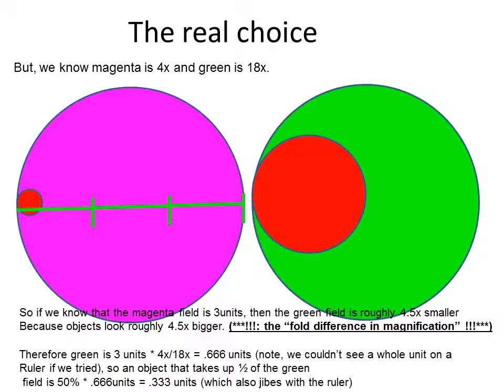So the real choice is this. If you look at the magenta field, the low power field, you can actually see it's some percentage of a unit measurement. But we know that the whole thing is 3. However, I'm still having a hard time estimating what percentage of the whole field or even of the whole unit this is.